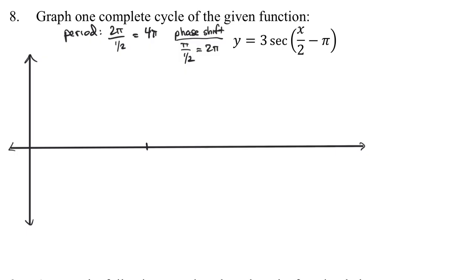So let's say we start here at 2 pi, and then the period is 4 pi. So starting from there, we have to go a distance of 4 pi. That would actually end us here at 6 pi. So this accounts for that phase shift, and then 2 pi to 6 pi accounts for the length of the period.